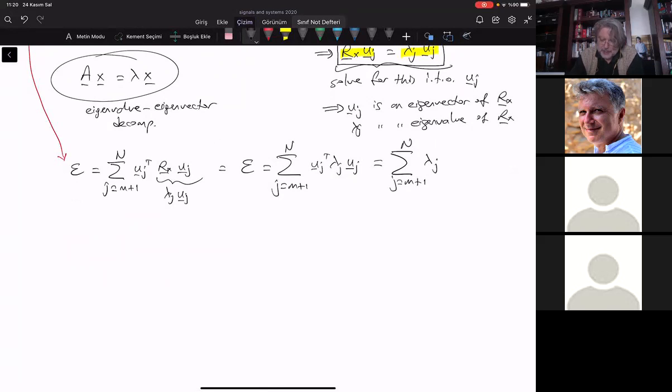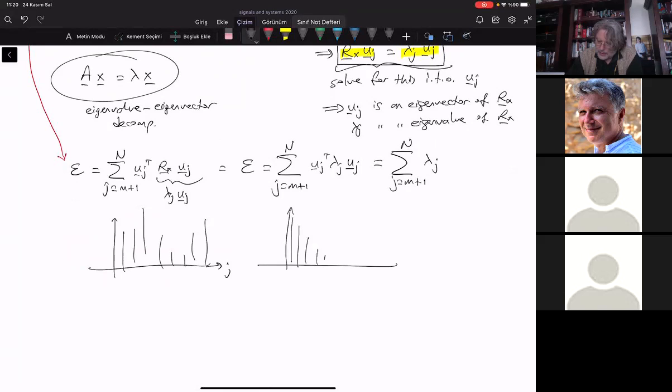So let's do it. Suppose that the eigenvalues are these numbers that are expressed on the axis of, let's say, j. Instead of that, why don't we just order them in a descending order like this? So the eigenvalues become smaller and smaller.